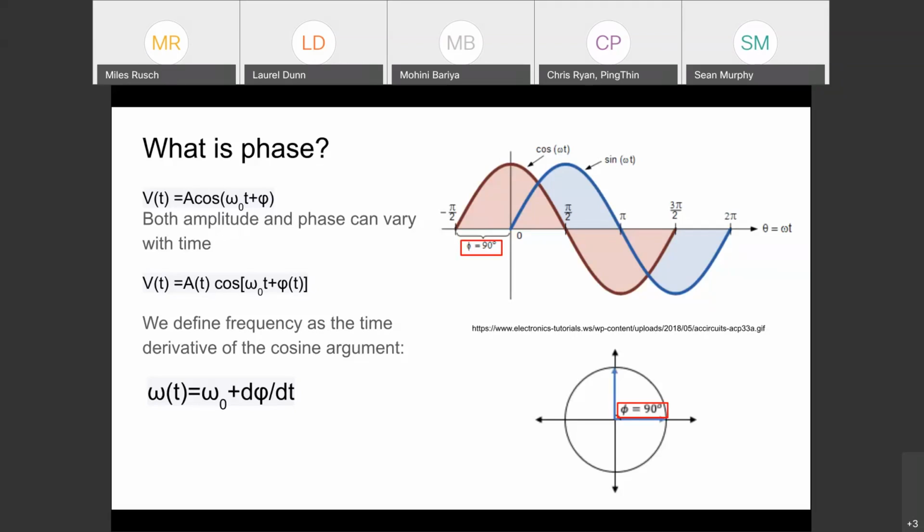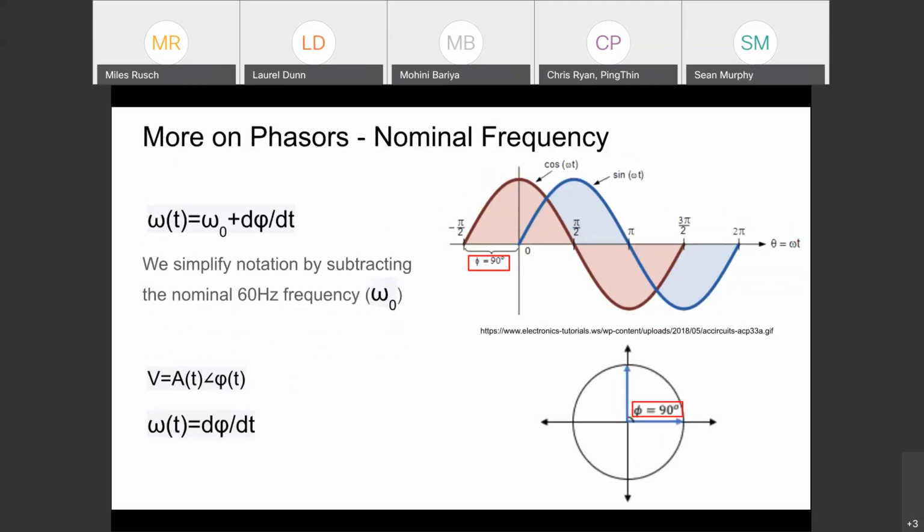And this d phi over dt gives us all the complexity that we see in real data on the grid. What is often done is we subtract out the nominal frequency term, because since it's constant, it's not very interesting to us.